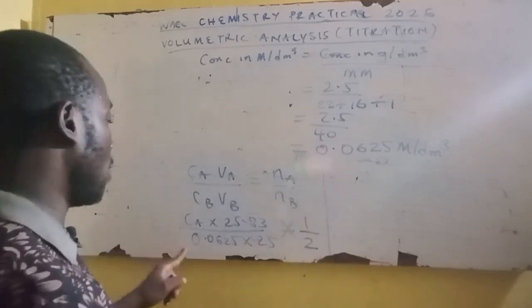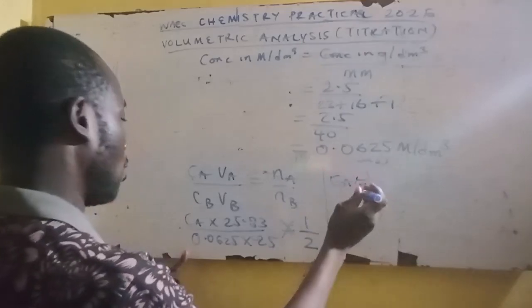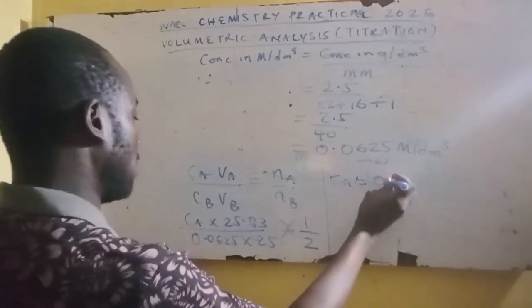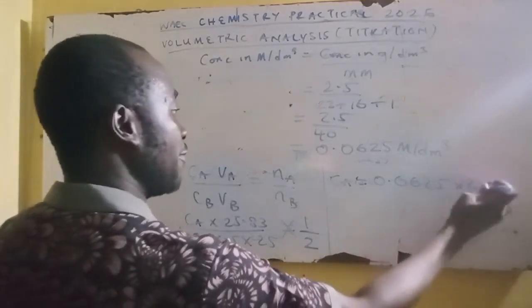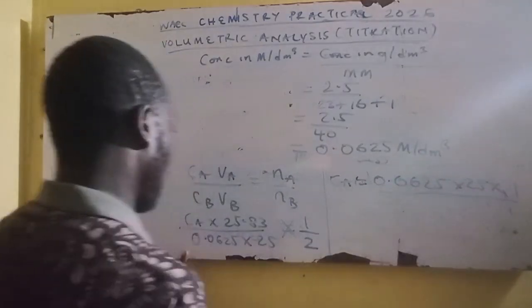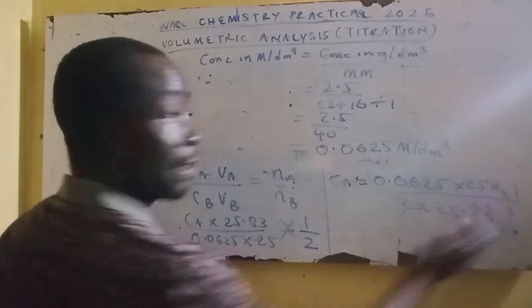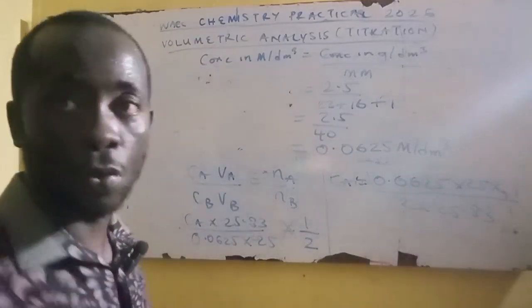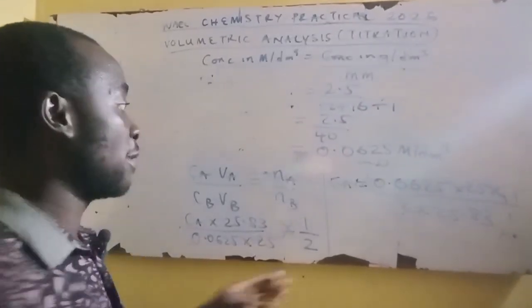Now, how do we go about this? We can say that CA equals 0.0625 times 25 times 1 all over 2 times 25.83.